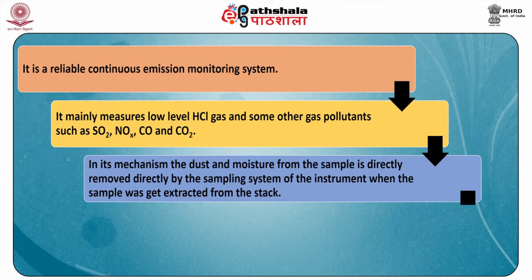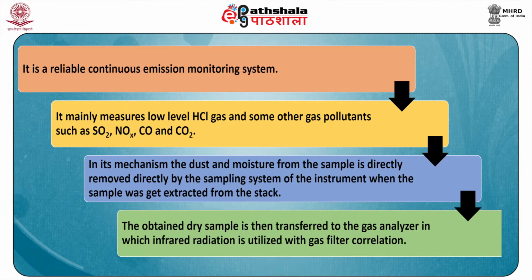In its mechanism, the dust and moisture from the sample is directly removed by the sampling system of the instrument when the sample gets extracted from the stack. The obtained dry sample is then transferred to the gas analyzer, in which infrared radiation is utilized with gas filter correlation.